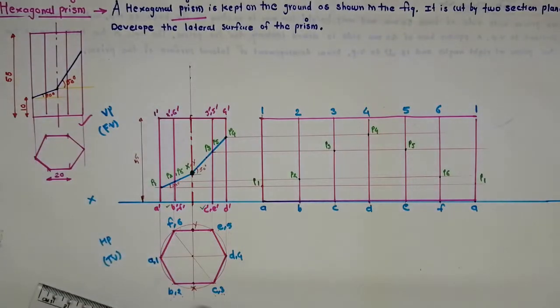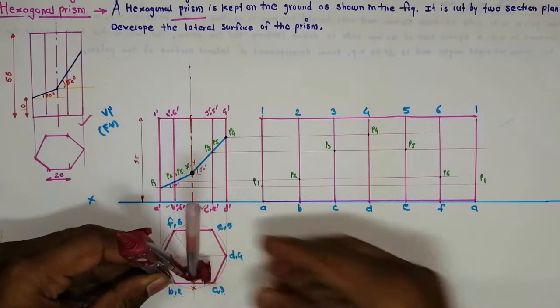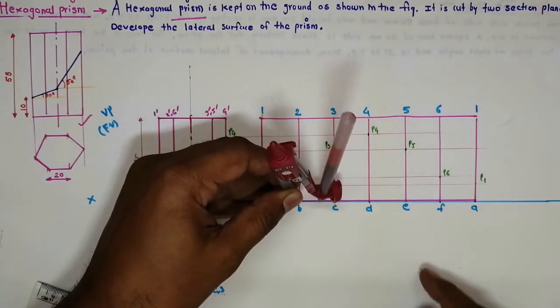Now X is between BC, so take the BX distance in the compass. Now it is in between BC, so mark it here.